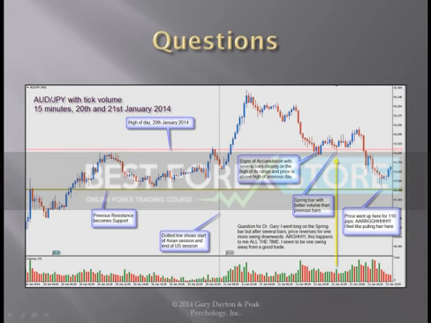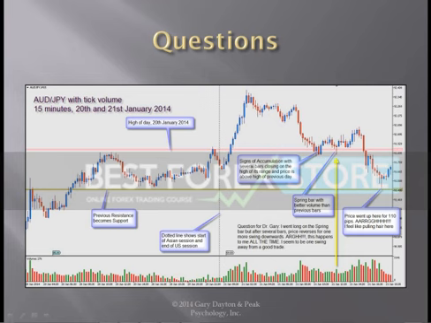Okay, so here, let me change the pen color again so we can see. All right, here this person's trading the Aussie Japanese yen cross rate. I don't know if this is the Forex, yeah, it must be the Forex. And she's using tick volume in here, which is fine.